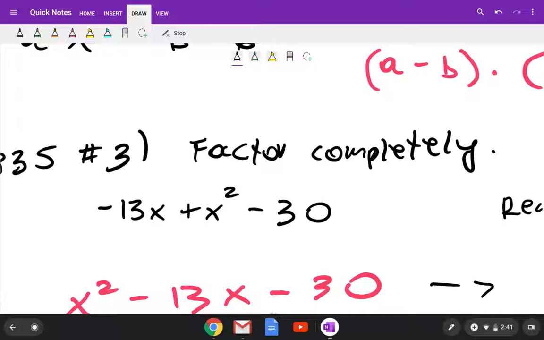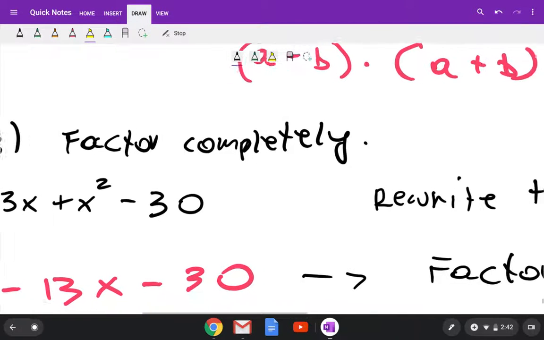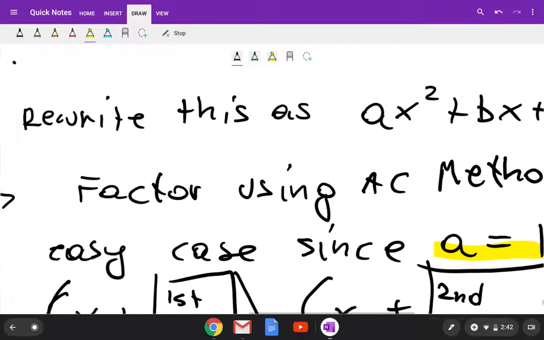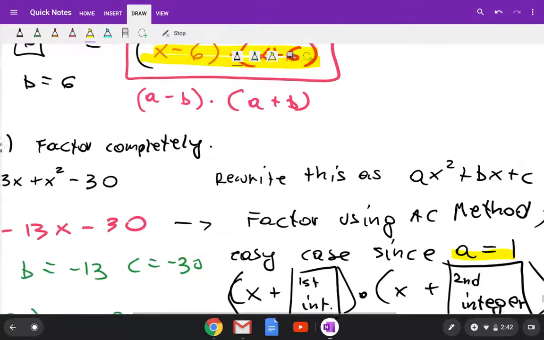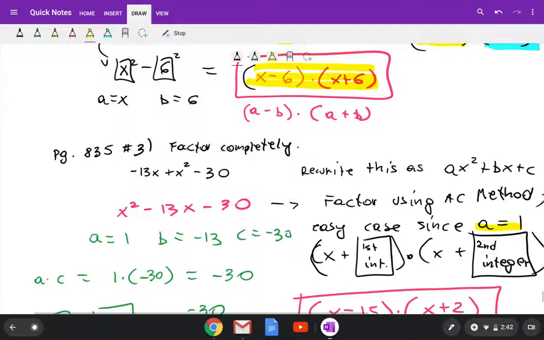So make sure that when you have a quadratic, which means x or any variable to the second power, you rearrange it in the form ax squared plus bx plus c, and then you use the AC method to factor. So I rearranged it. I put x squared first, then negative 13x as the middle expression, and then negative 30 as the last one. So how are you going to factor?